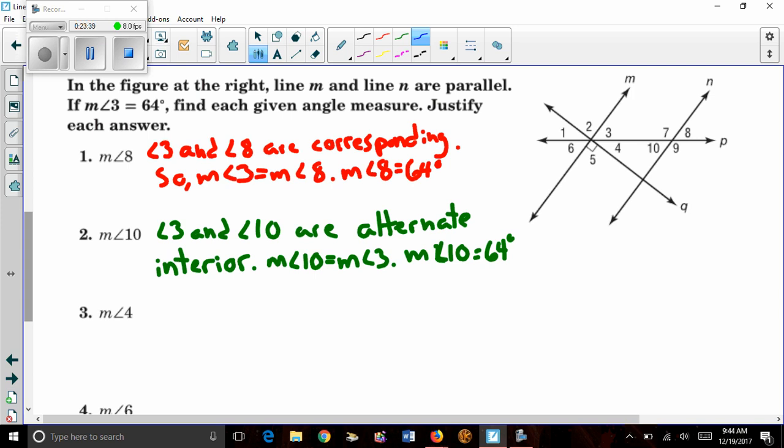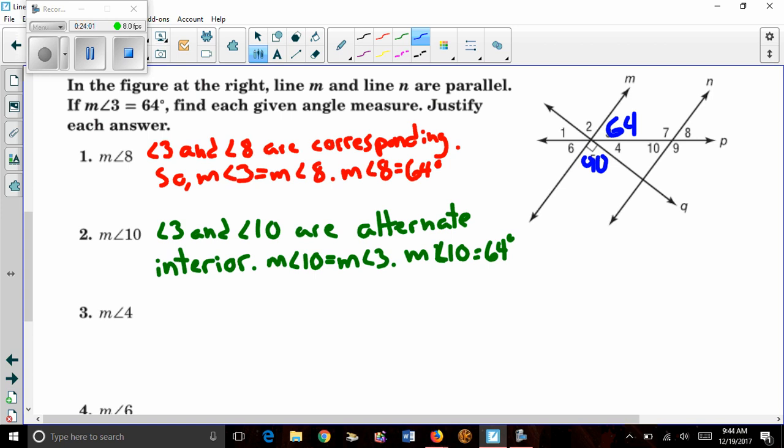A supplementary angle is an angle, or supplementary angles are any angles that form 180 degrees or a straight line. I know this is 64. I know one other thing in the picture: angle 5 is 90 degrees.